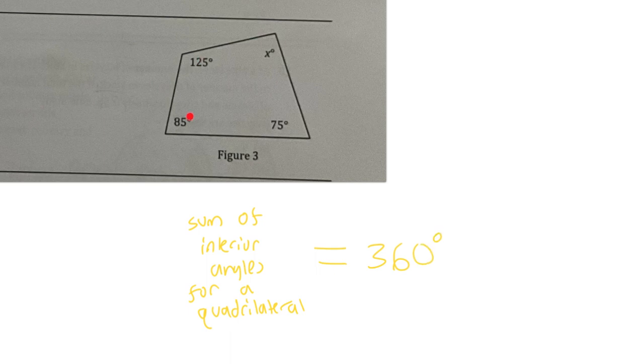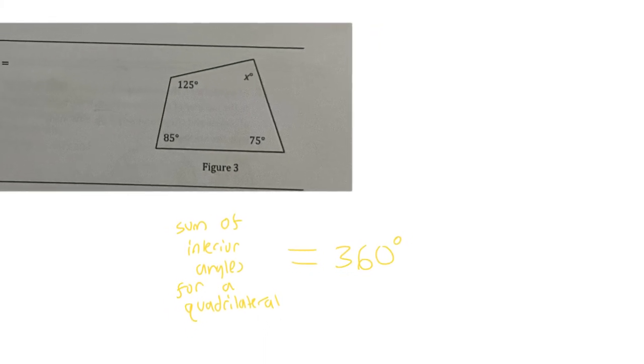In other words, when you add all of these interior angles, it's going to add up to 360. So therefore, you could set up an equation that says 125 plus 85 plus 75 plus x equals 360.